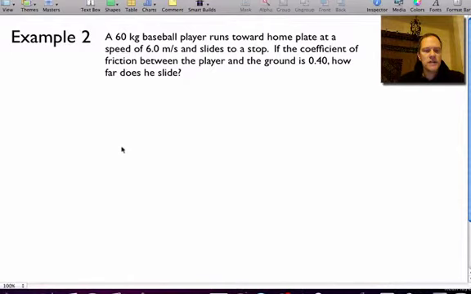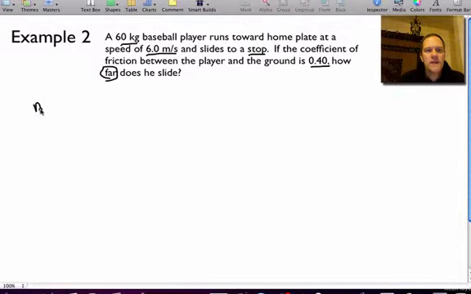I'm going to let you guys finish this one. So we'll get things set up and then see what you can do with it. So here we have a 60 kilogram baseball player who runs towards home plate at the speed of 6 meters per second and slides to a stop. If the coefficient of friction between the player and the ground is 0.4, how far does he slide?